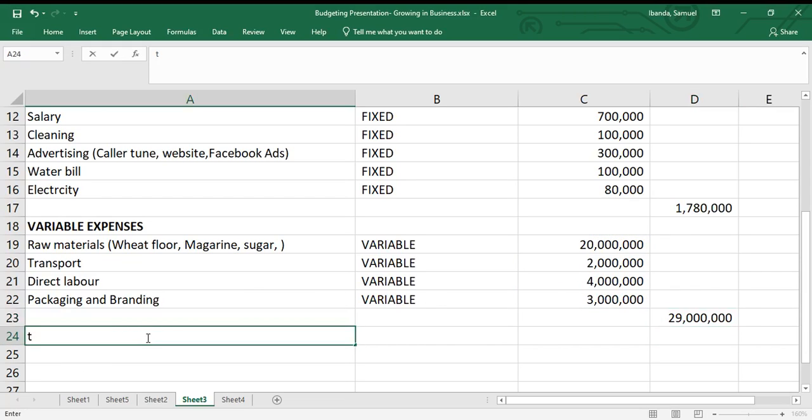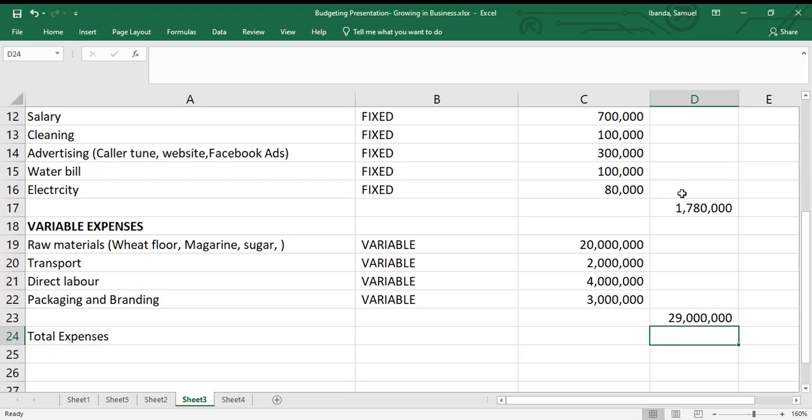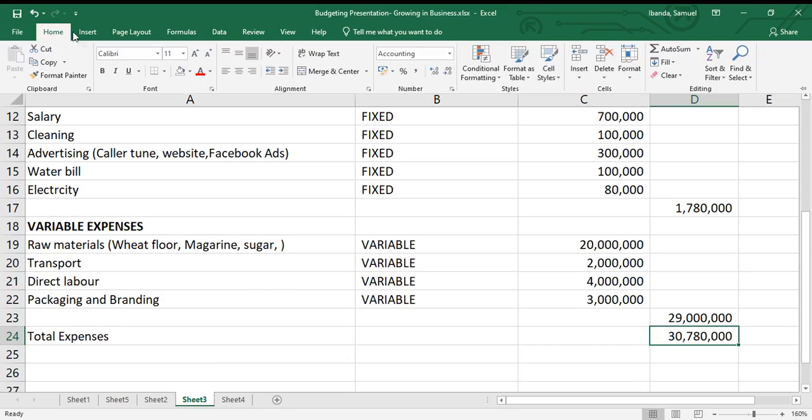So I can basically get my total expenses by adding the 1.7, which is fixed, and then the variable, to become 30,780,000. So that is what I basically have.